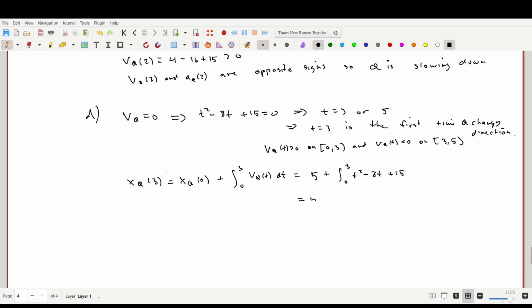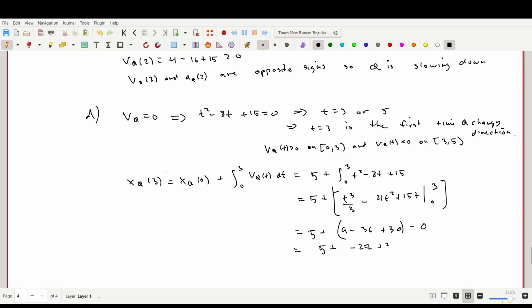That's just a computation. T cubed over 3 minus 4t squared plus 15t from 0 to 3. Don't include the 5. And that's 5 plus 27 over 3 is 9, minus 4 times 9 is 36, and plus 30, and then minus 0. And that's going to be 5 plus 9 minus 36 is negative 27, plus 30. That's the same thing as 5 plus 3, and that's 8. So I think that's the answer.